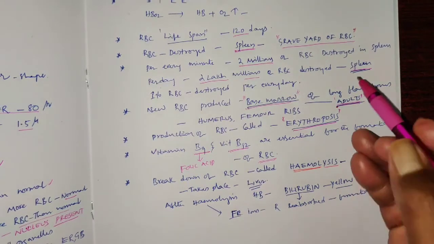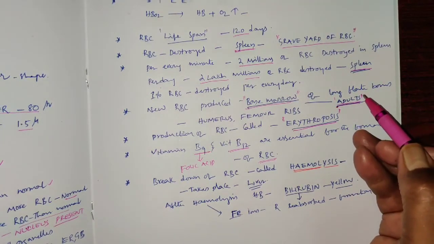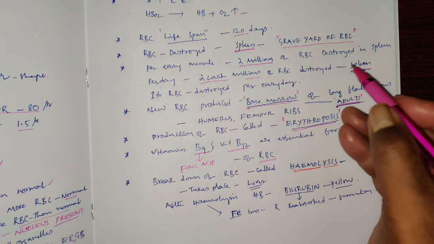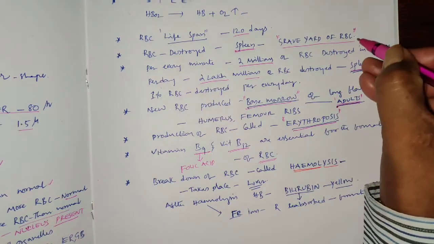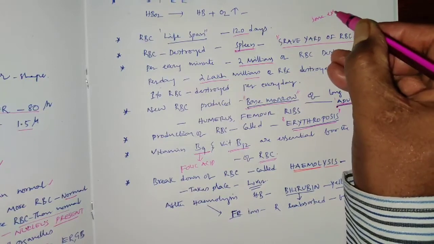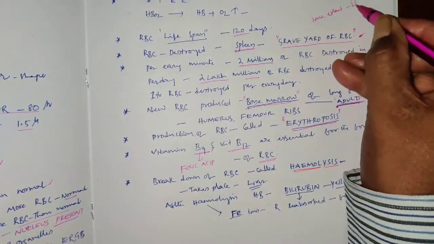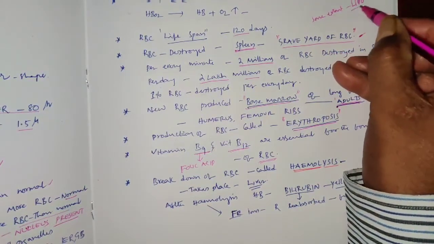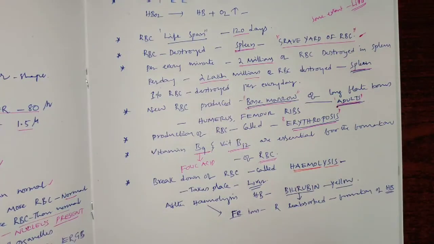Most RBCs are destroyed in the spleen, and to some extent in the liver cells, very few. The spleen is called the graveyard of RBC because about 2 lakh million RBCs per day are destroyed in the spleen.